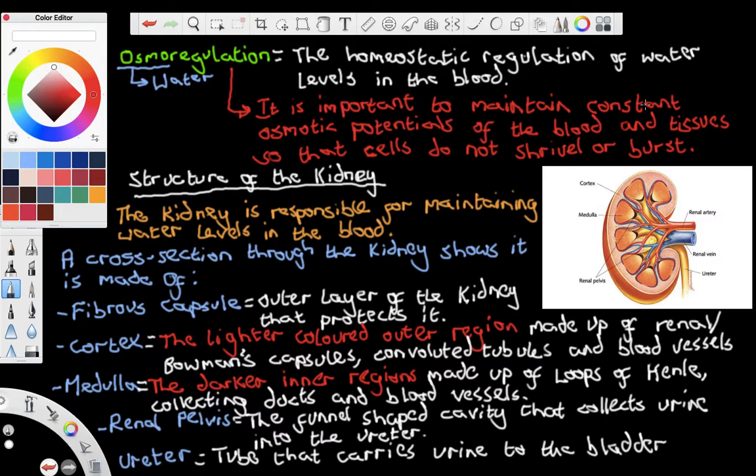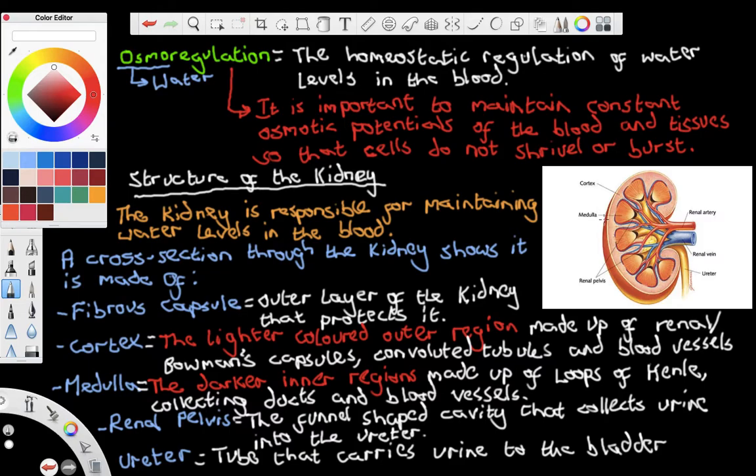If we get a kidney and cut it in half, we do a cross-section. We would have done this in the lab if we were in school, and if I'm honest, it absolutely stinks of urine, so you've probably dodged a bullet there. However, a cross-section through a kidney shows that it's made up of the fibrous capsule, which is the outer layer of the kidney that protects it.